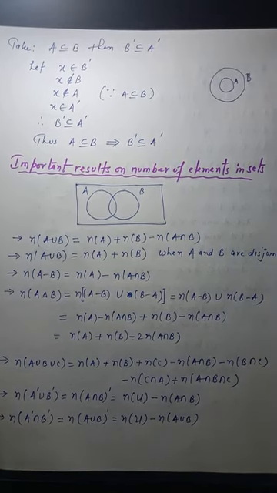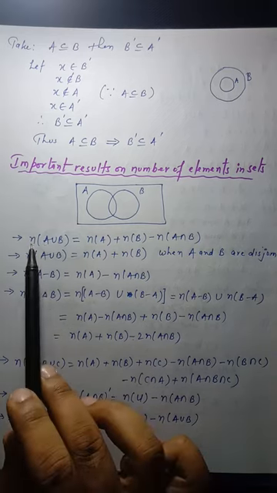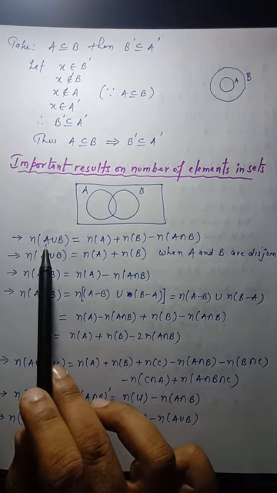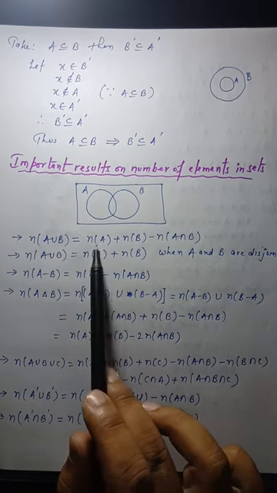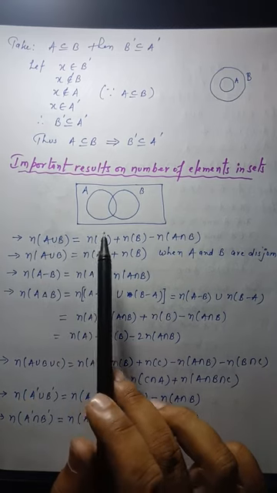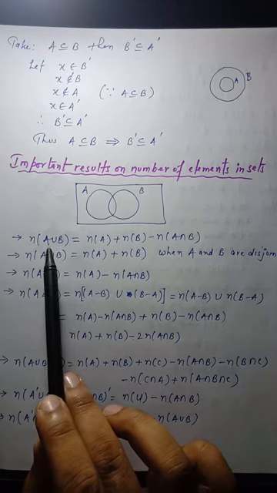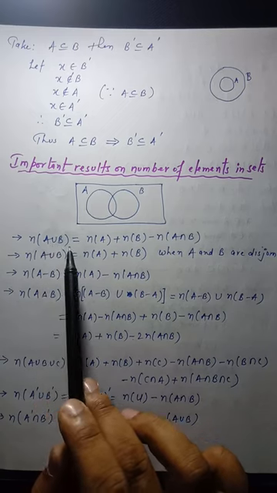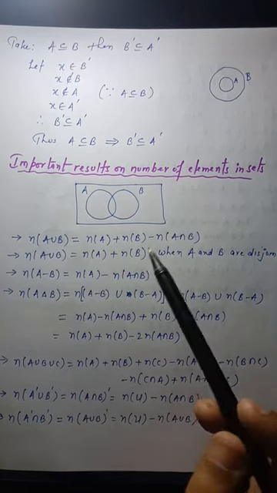Now let's take some important results based on the number of elements in a set. Actually, this n of A union B means the number of elements in A union B. This is also known as the cardinal number, you must remember. If we want to develop a formula for the number of elements in A union B, very easily you can derive it.